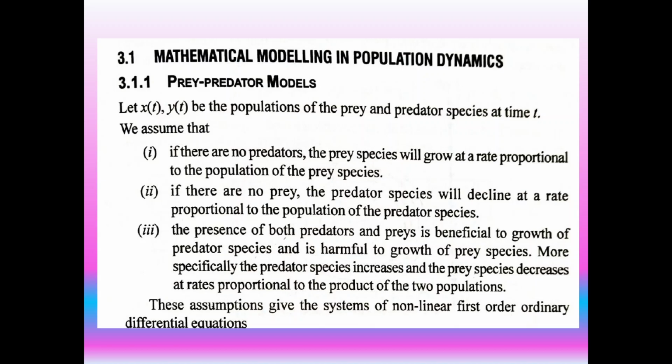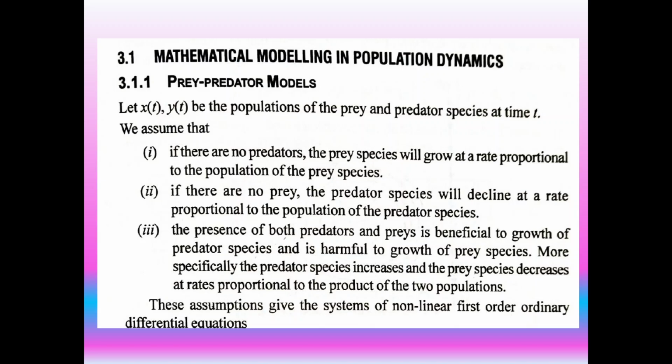Suppose there is an interaction between the predator and prey, then we can have the third assumption, that is, the presence of both predators and prey is beneficial to the growth of predator species and is harmful to the growth of prey species.